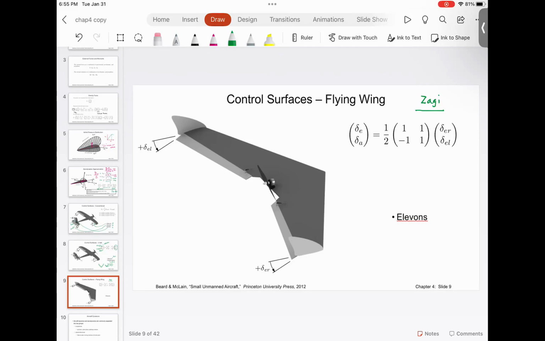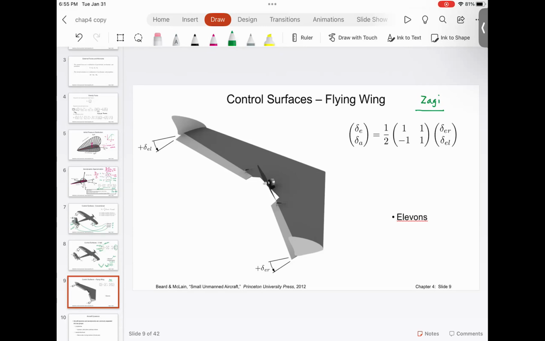Now the next question is, how do you ensure roll? How do you ensure yaw? This type of aircraft is very bad at yawing because it does not have a rudder. So you actually utilize the roll to yaw coupling to turn the aircraft.